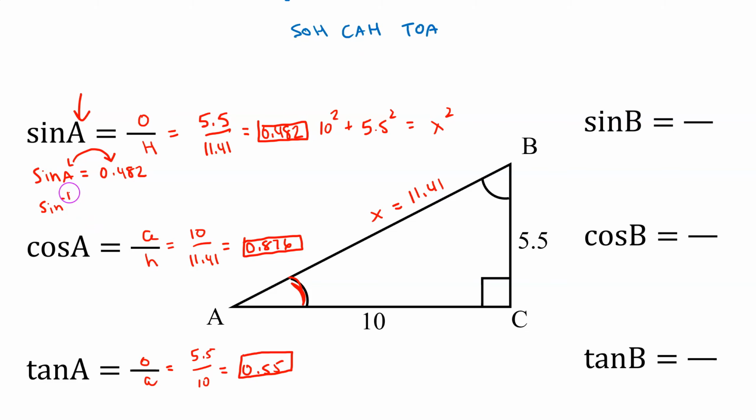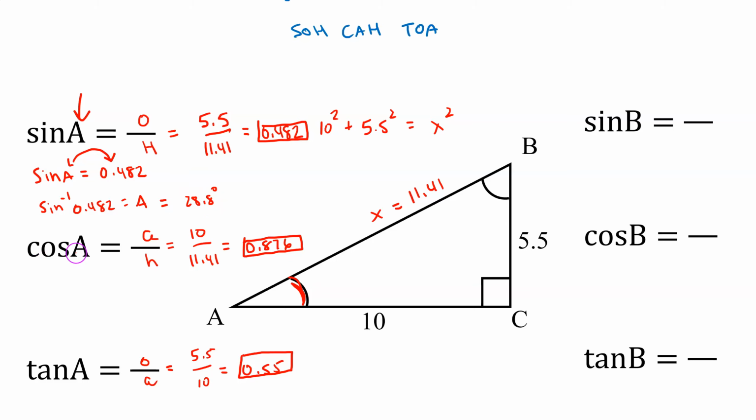It looks like it's raised to the -1 power, but this is telling you to take the inverse sine. And there should be a button on your calculator for you to do this. If you're not sure how, let me know and I can help you out with that. And when you take the inverse sine, what you get for an answer is 28.8 degrees.